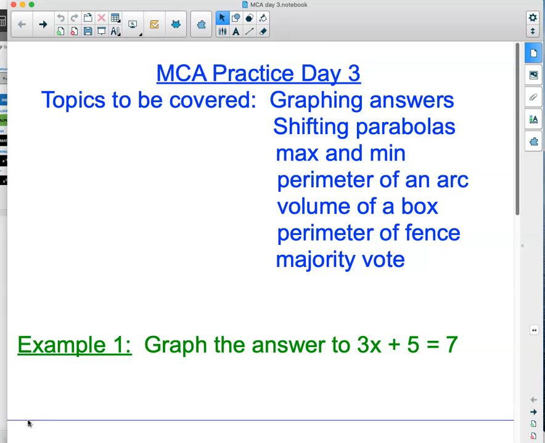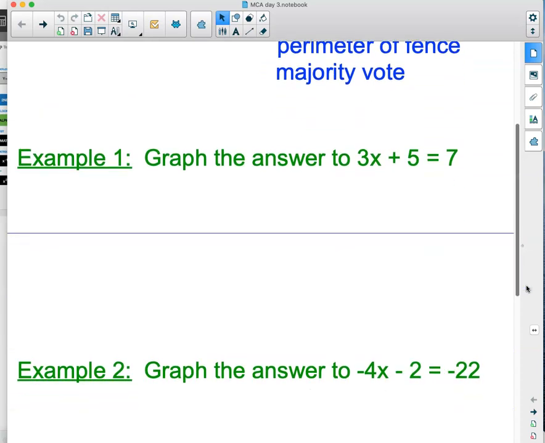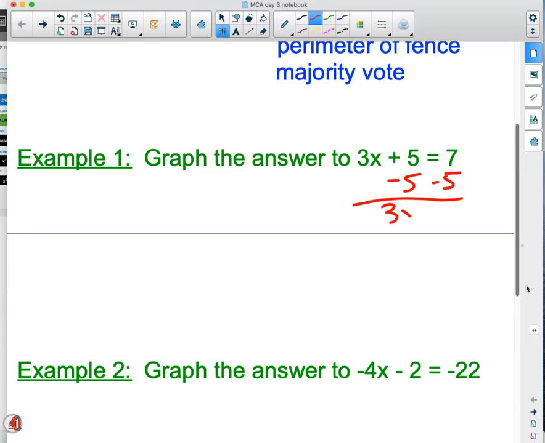So example 1 says, graph the answer to 3x plus 5 equals 7. Now, that's a pretty basic problem. We'd subtract 5 from both sides and divide by 3. But now it says graph the answer. Well, that's because, remember, the MCAs are multiple choice.